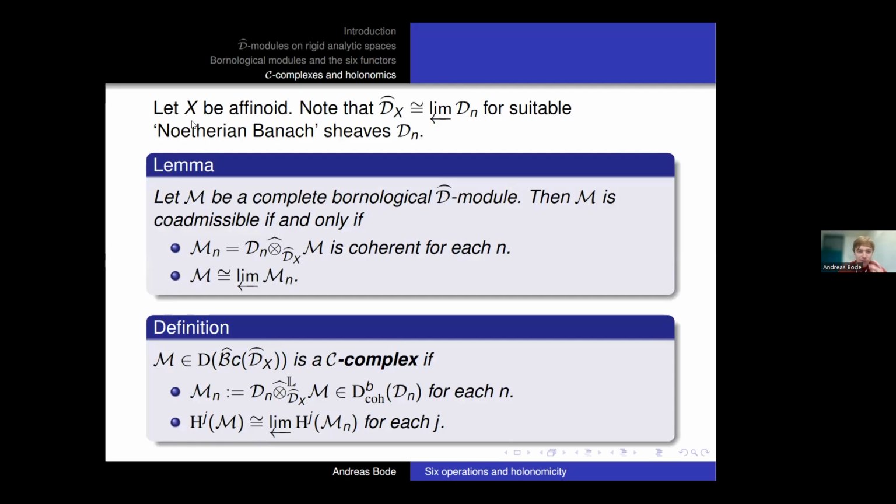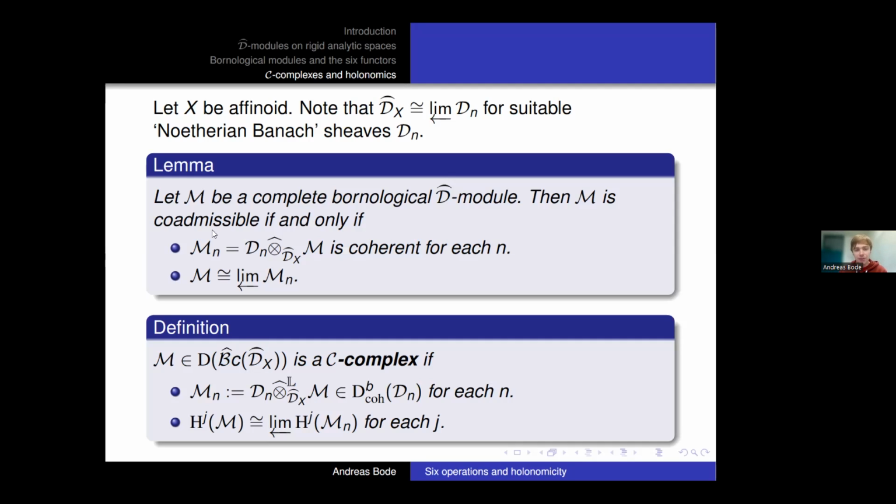If you have any smooth affinoid, think back to the closed unit disk that I gave as the basic example, then on that affinoid, you can describe the sheaf D-cap as an inverse limit of suitable Noetherian-Banach sheaves. By which I mean, if you choose some affinoid and you look at what the sections are there, they're going to be an inverse limit of Noetherian-Banach algebras, right? In the example that I gave, we had this inverse limit of K x pi to the n partial, I'm talking about these D_n's.